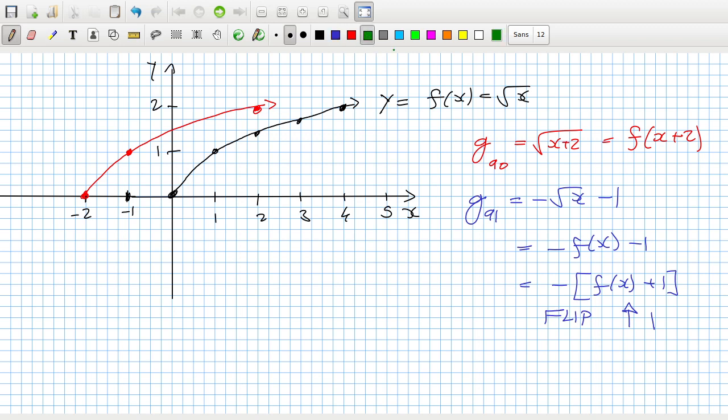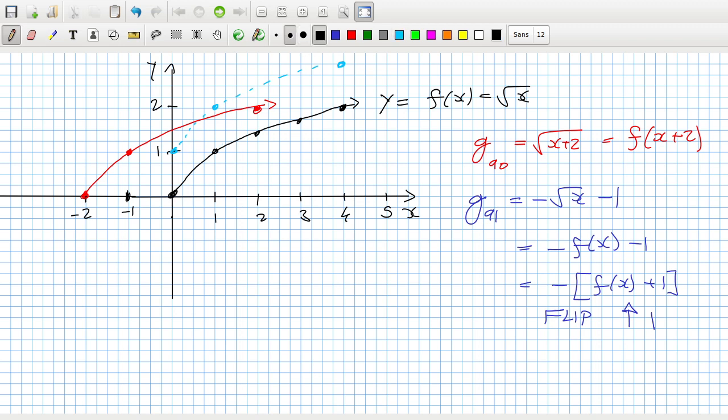I might need a bit of construction work here. So rise it up 1 unit, so that would be there at 1, that 1 would be at 2, and that 4 would be up at 3. Let's put that in dotted lines. But then you flip it.